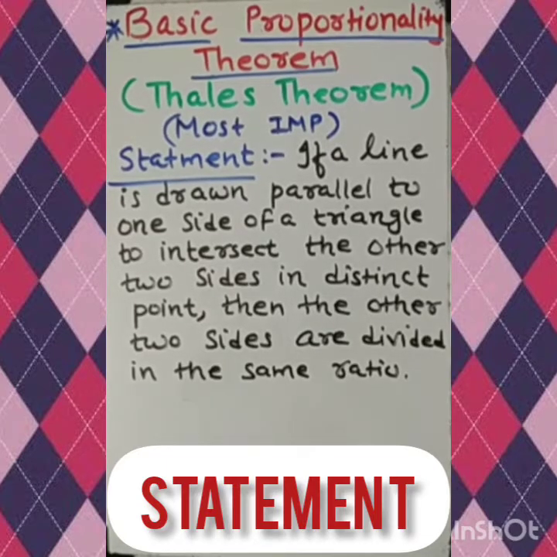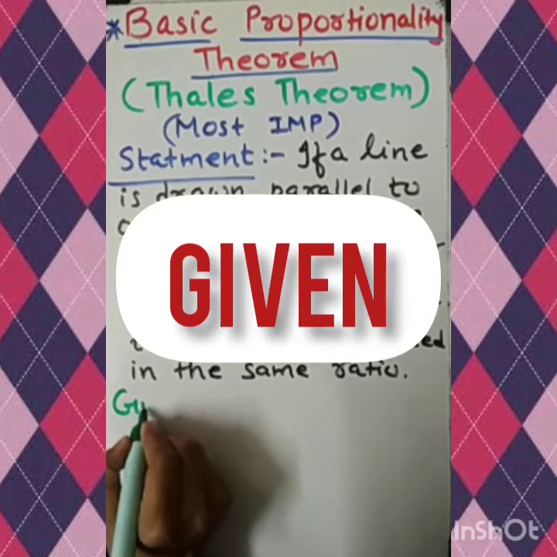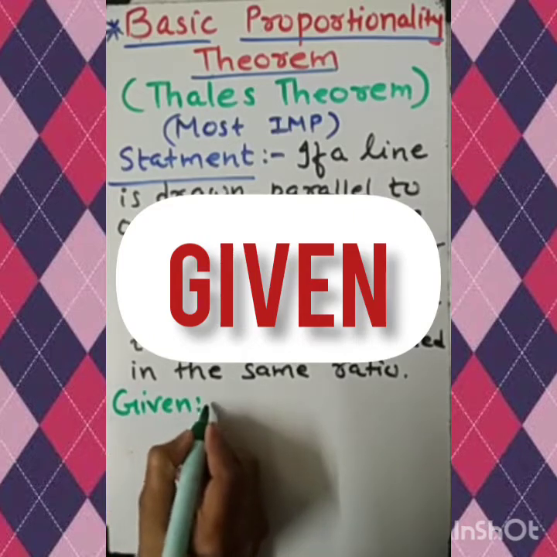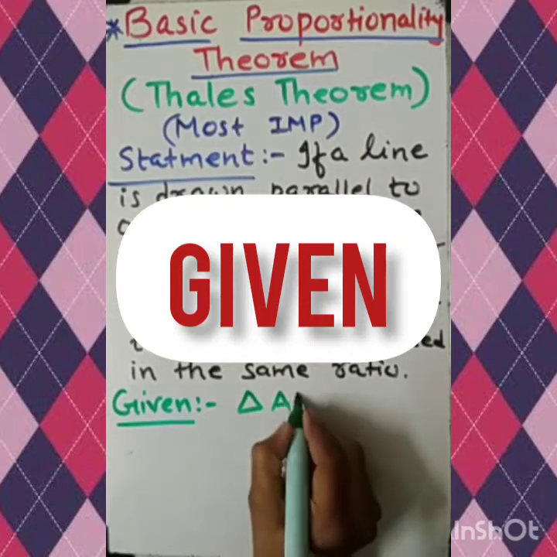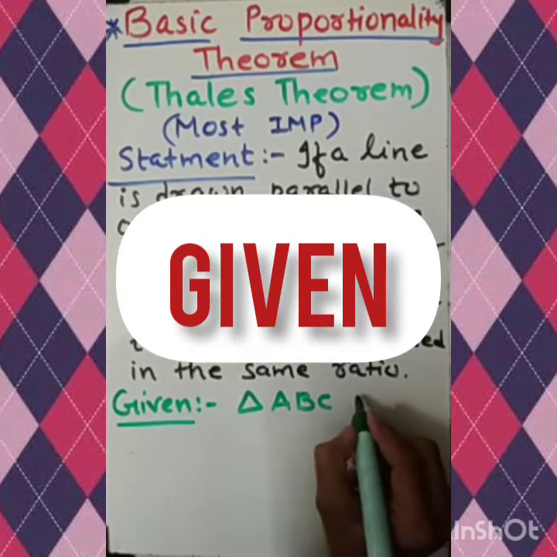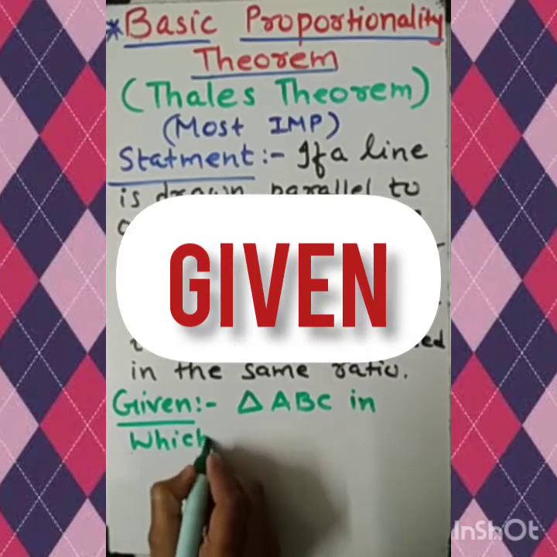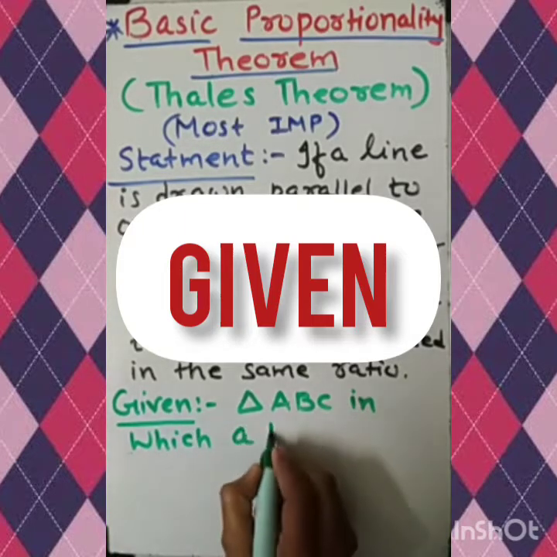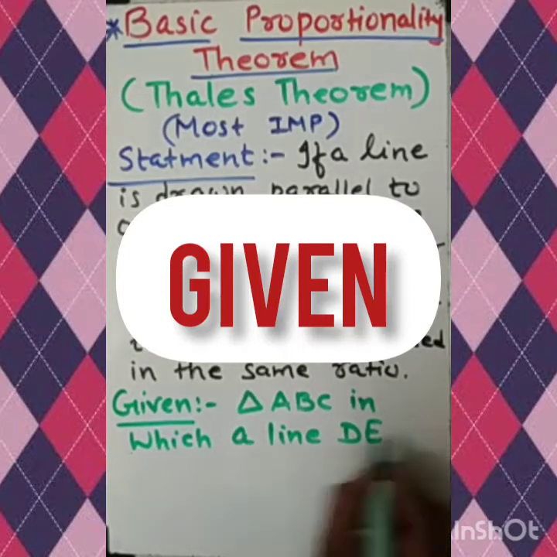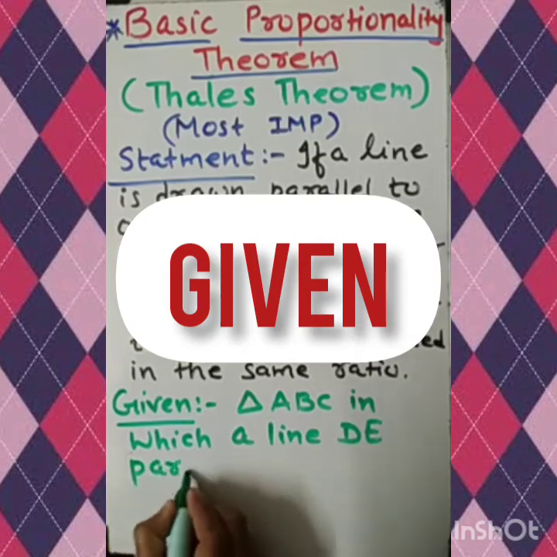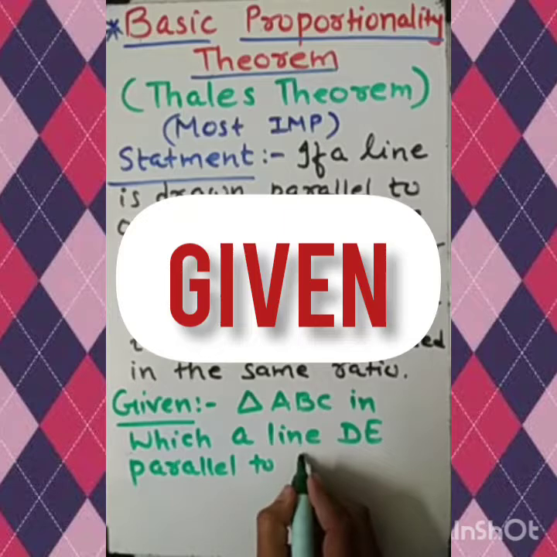Let's understand this. First, let's note down what we are given in the statement. Suppose we are considering triangle ABC, in which a line DE parallel to BC intersects AB at point D and AC at point E. That means DE is parallel to BC.